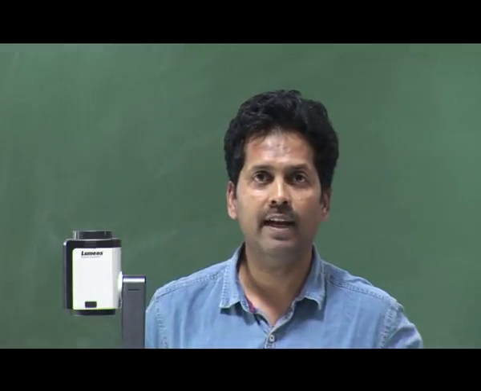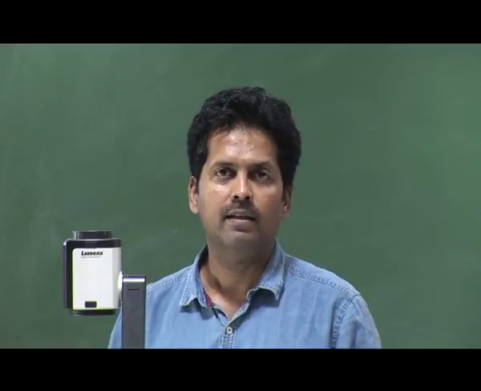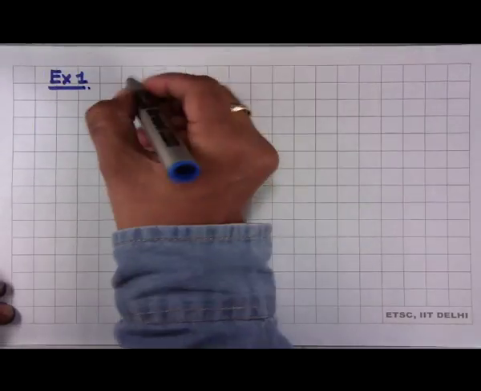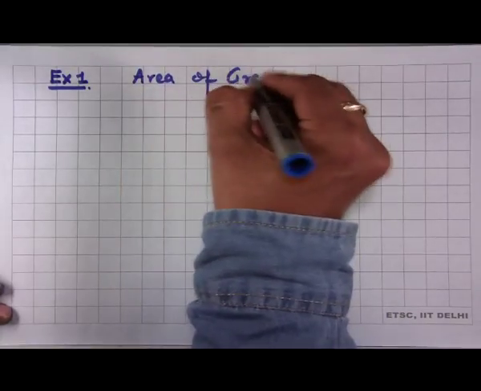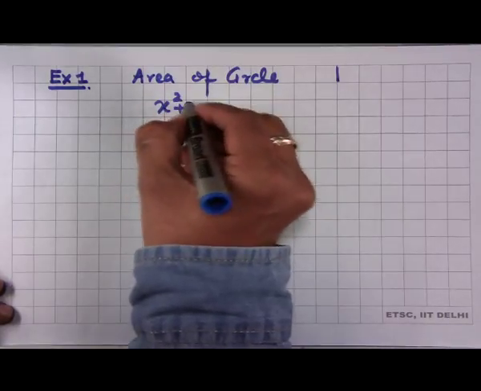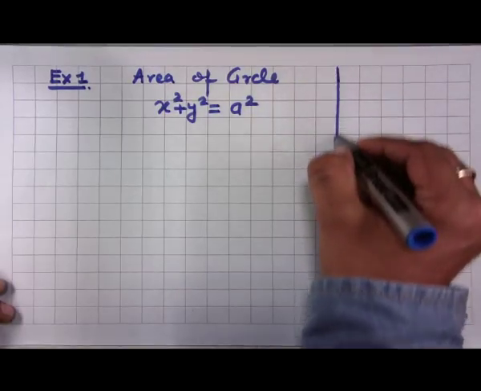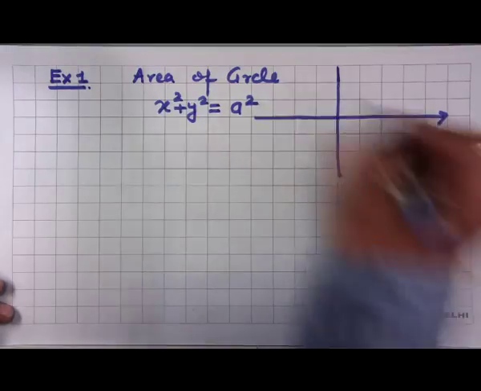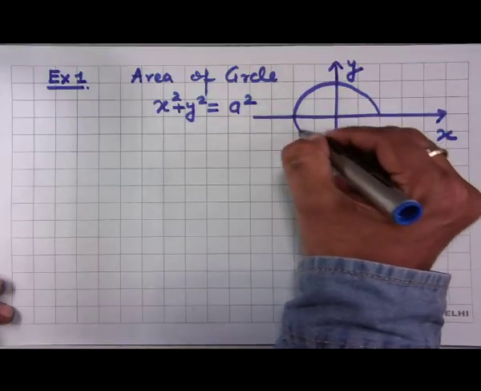Now let us use all these facts and solve some very simple problems at the beginning. Say for example, let us find out the area of a circle x square plus y square equals a square. So if this is your y axis and this is your x axis, and the circle is this.